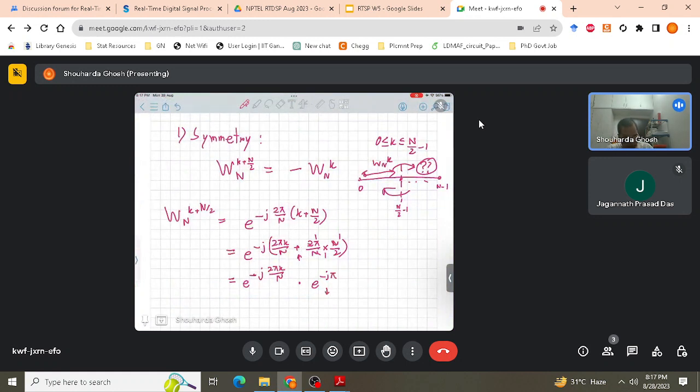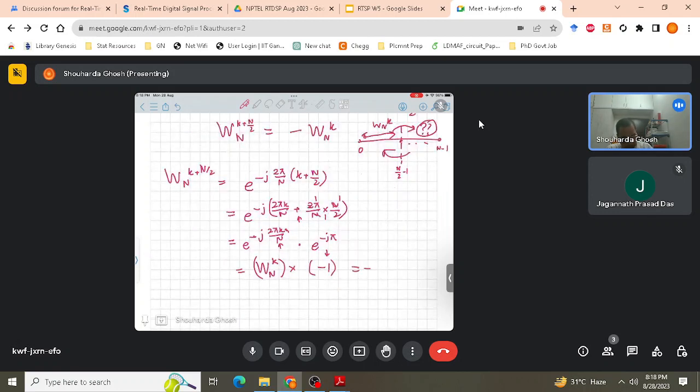Now e to the power minus j pi is minus 1, and what is the rest? It was our very old W n of k. We ignore the 2 pi, so W n of k times minus 1, which is minus W n of k.